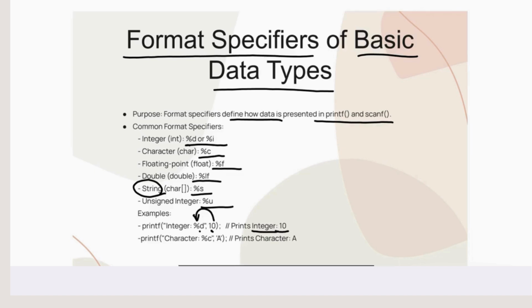Same way, if we want to print a character, as you can see a character A is to be printed, we are using the %c format specifier, where character colon is the normal text. There's a space between the colon and the % sign, so there's a space in the output also, and this %c is replaced with the character A and it prints character colon space A. So this is how format specifiers help us deal with variable values to either print or to scan them.